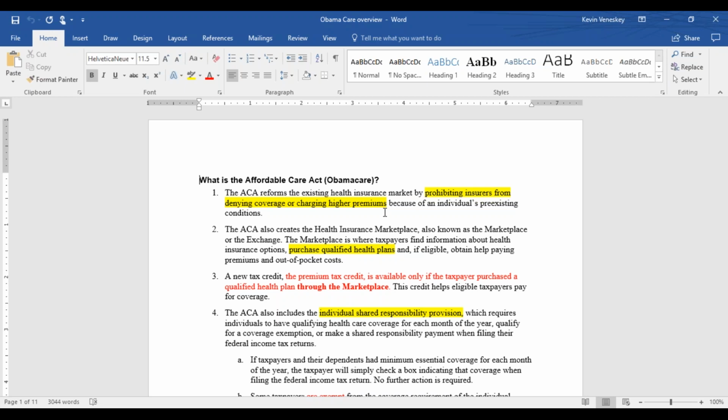Their premiums usually would be going up. But since everybody has to pay in, that helps distribute the amount of burden. So you could look at it either way. It helps out some, but it kind of hurts others who maybe aren't sick, but yet they're being forced to pay in.